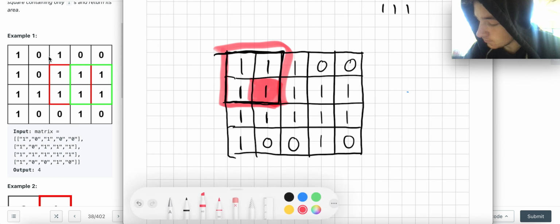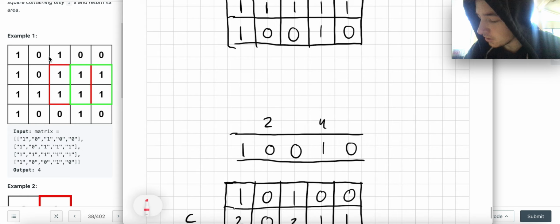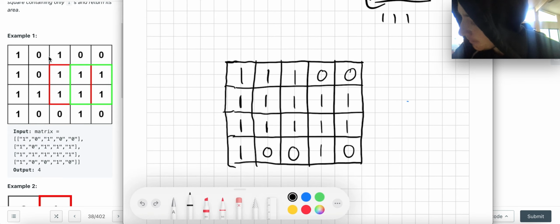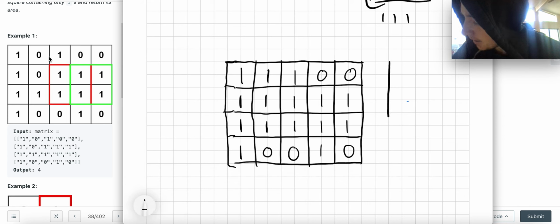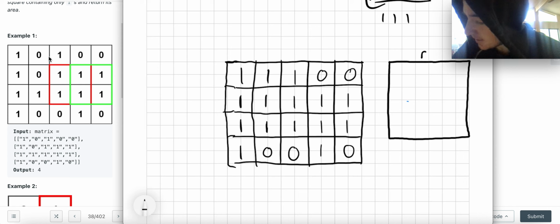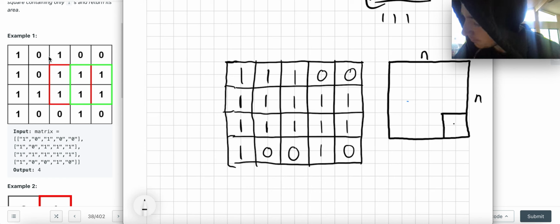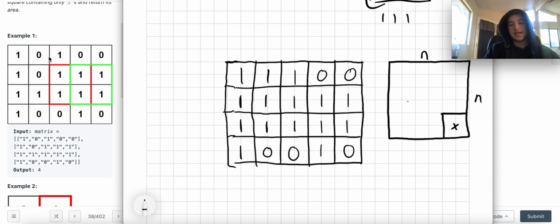Well, one way you can look at a square is to say, let's say I had an n by n square here. So this has n dimension here and n dimension here, and I'm looking at this last element here. What would it take for this entire thing to be a square?